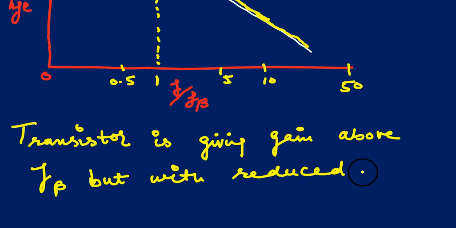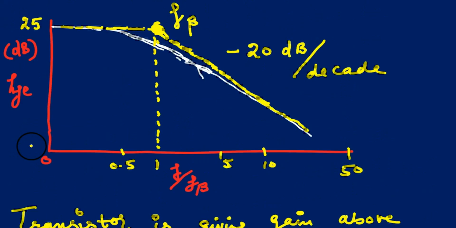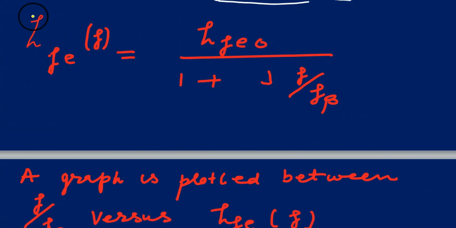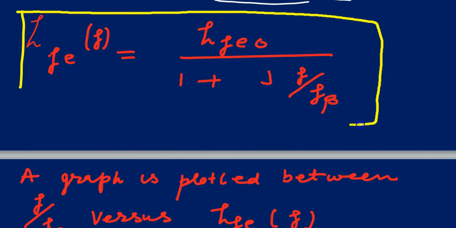There is a gain when frequency is more than f beta, but it is becoming less and less. So this is a very important relation.